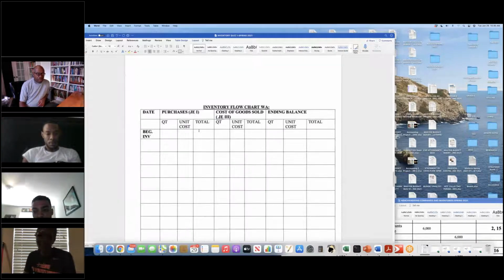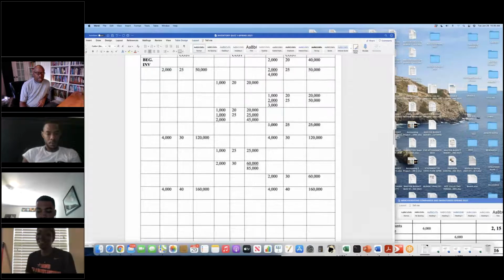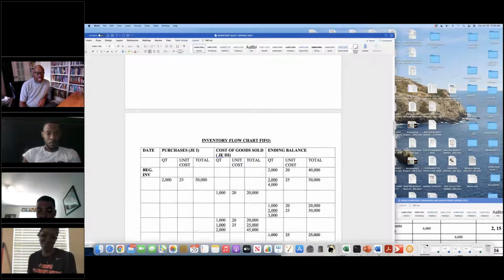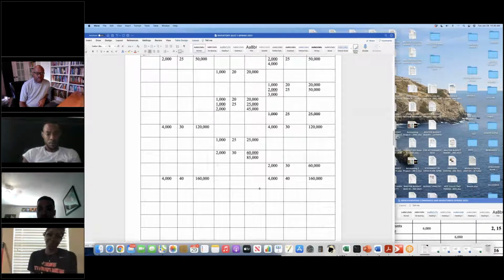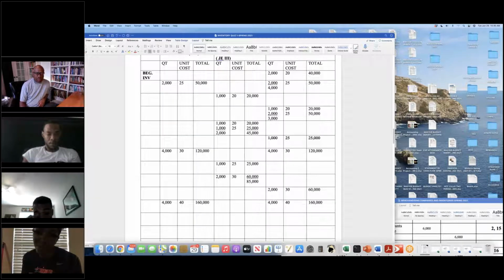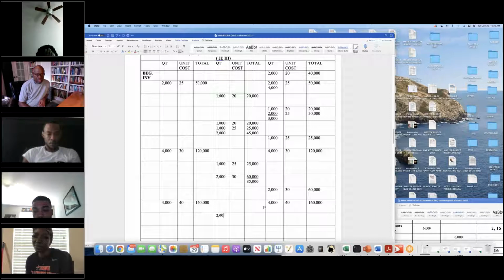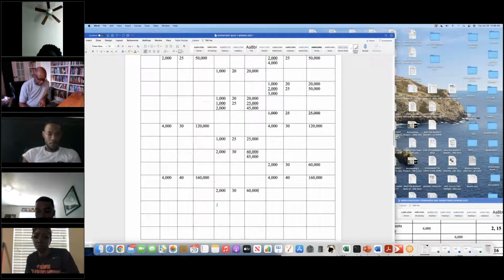Now we gotta go through and come up with our cost of goods sold in this middle column. So we know it's 4,000 that we sold. So it's going to be what? 2,000 at 30, then the other 2,000 at 40.